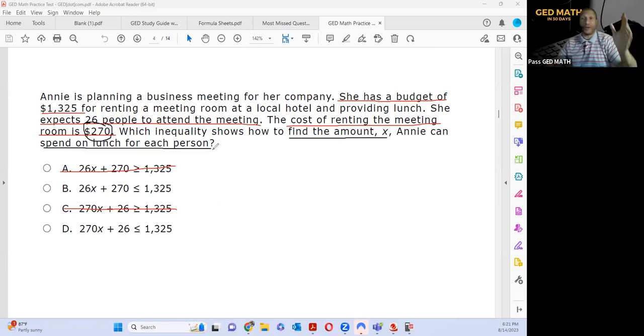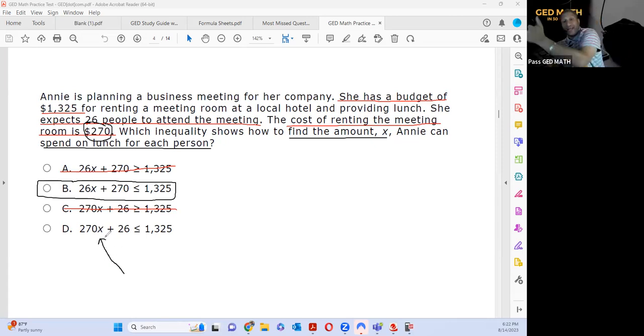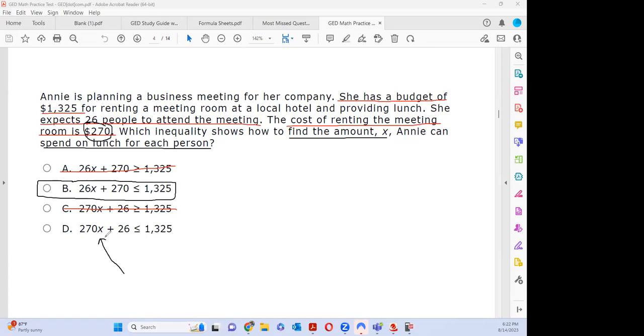No matter if you spend $10 or $15, the room still costs you $270. So we know right away this has to be your answer. Why? Because 270 is a constant, and here you have a variable. Depending upon what that number is, that's going to change. So without even knowing how to do inequalities, you can solve this problem.